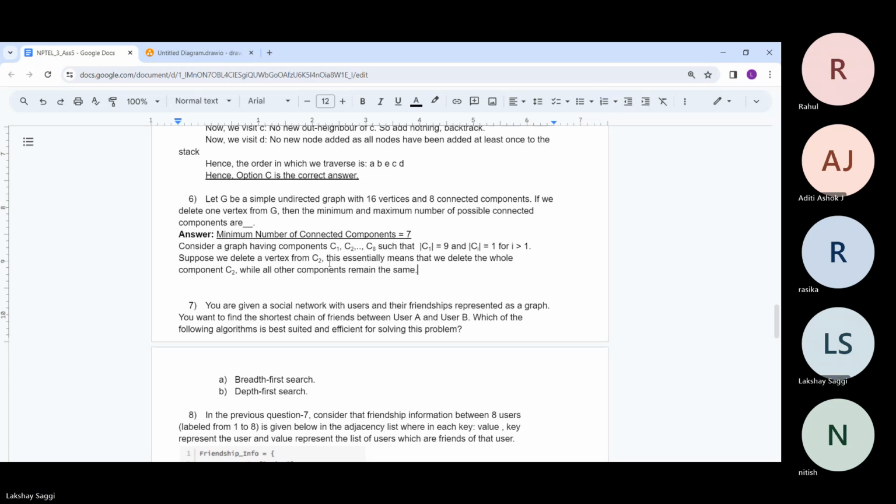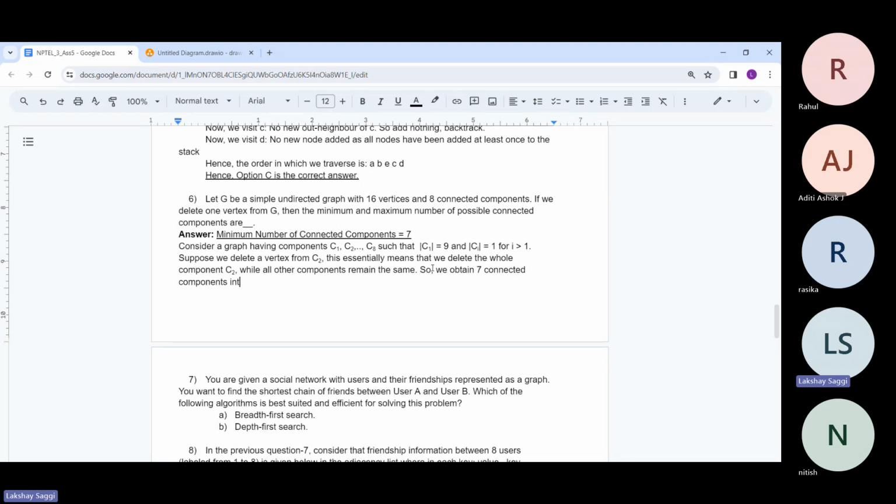C2 gets deleted and the components C1, C3, C5 till C8 all remain the same. So we obtain 7 connected components in this case.